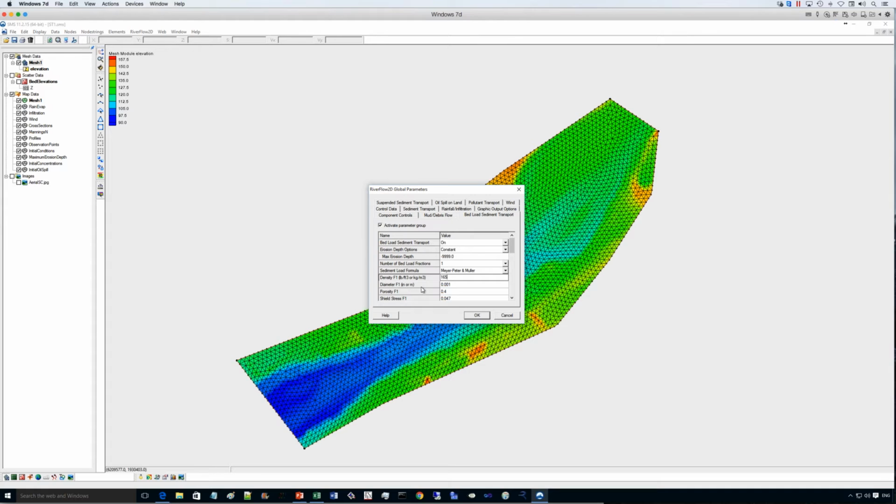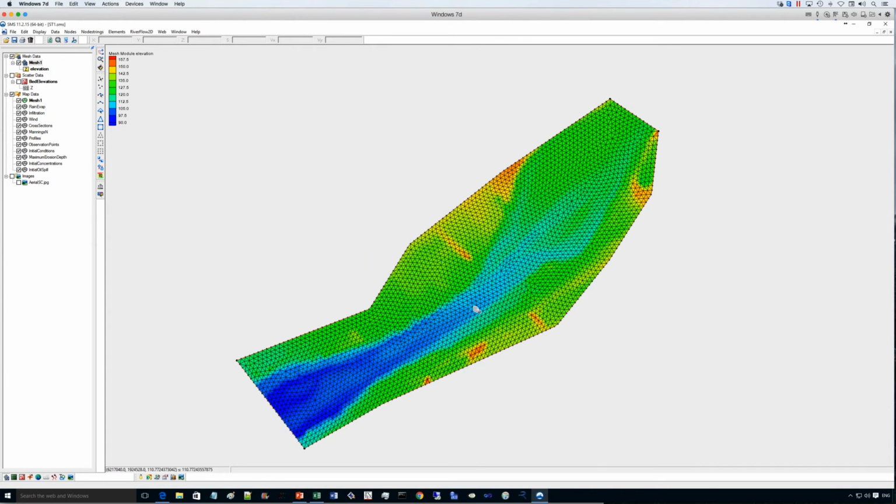I will leave the default of 0.001 as the diameter of this fraction, porosity 0.4, shield stress, etc. I leave the rest as defaults, as they are fine for this example. And I will save and make my run.